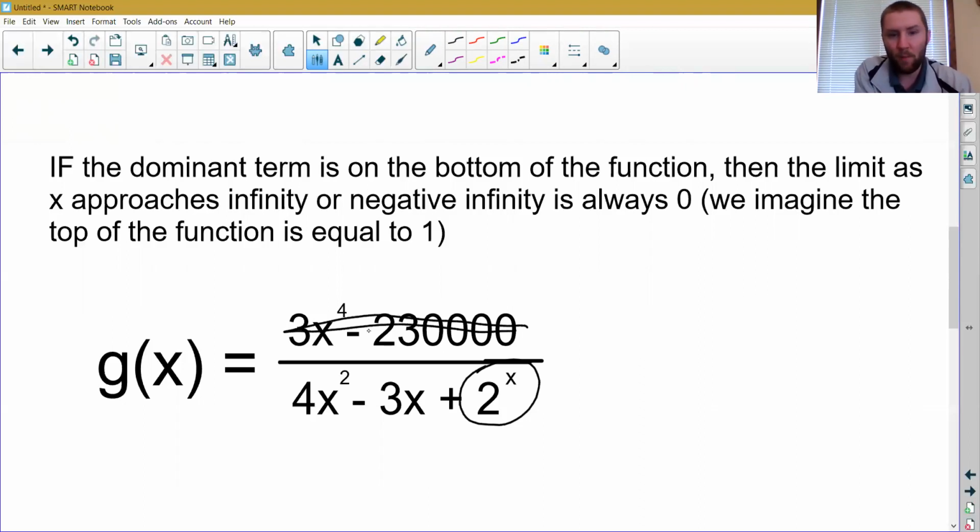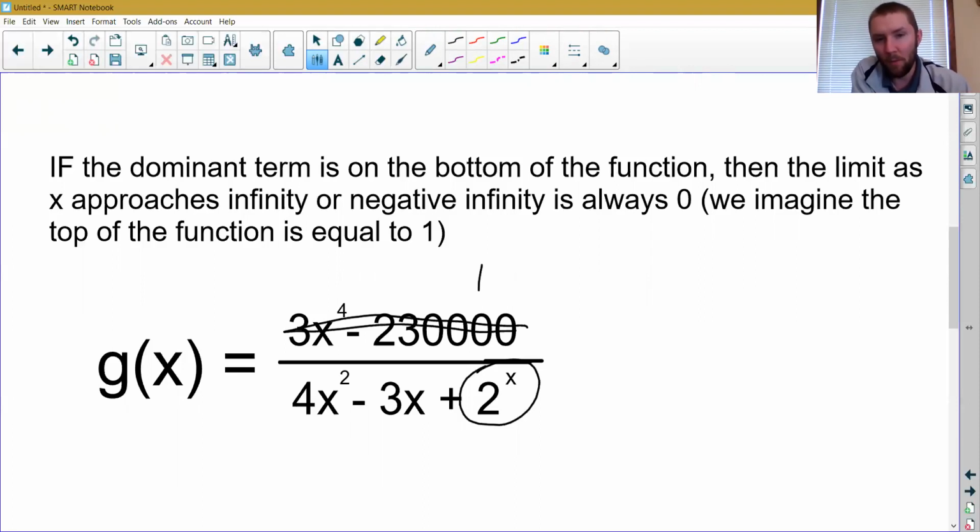So we pretend that the entire top of the fraction is essentially 1, because it doesn't matter if it's 1 over this crazy stuff, or 2 over this big stuff, or 5 over this big stuff. In light of 2 to the x, the top of the fraction is small. It's 1, it's 10, it's 15. It doesn't matter. It's some number that is minuscule, tiny compared to 2 to the x.